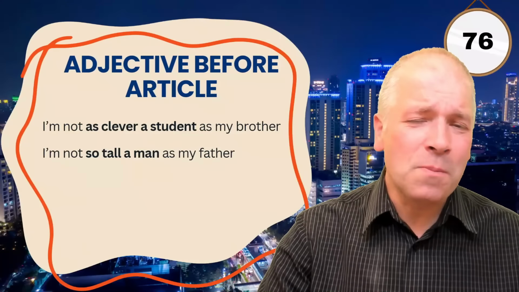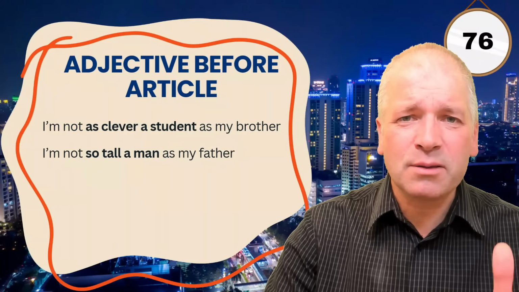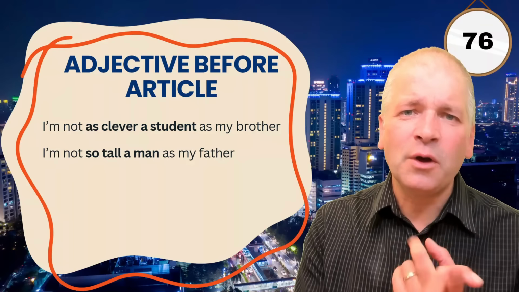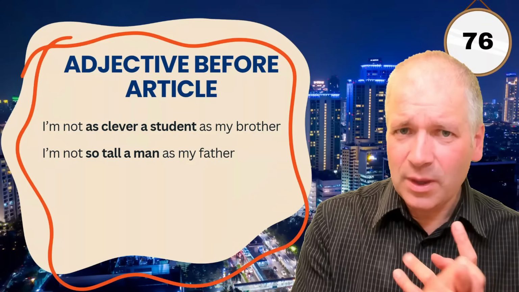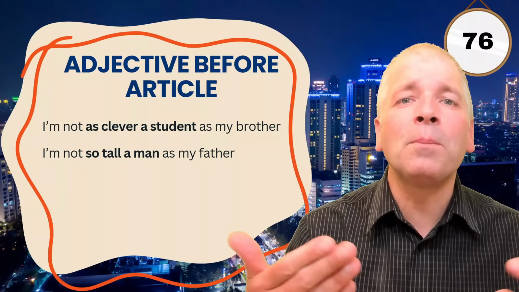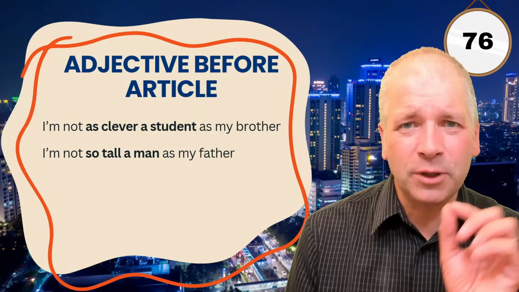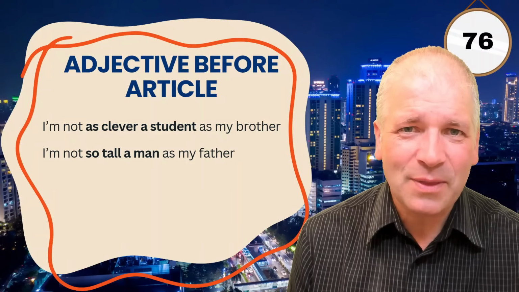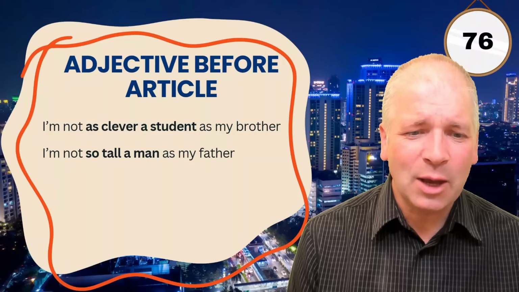Adjectives can go before the article in certain situations. They usually don't. Usually we have an article, then the adjective, and then the noun afterwards, such as a beautiful boy. A is the article, beautiful the adjective, boy the noun. But in certain structures, that's not the case. For example, here with as.